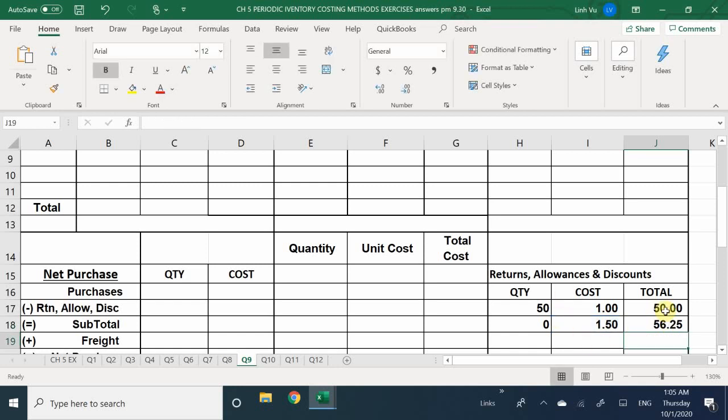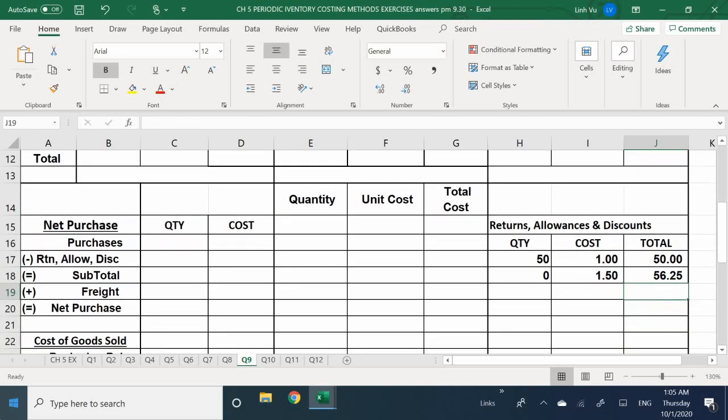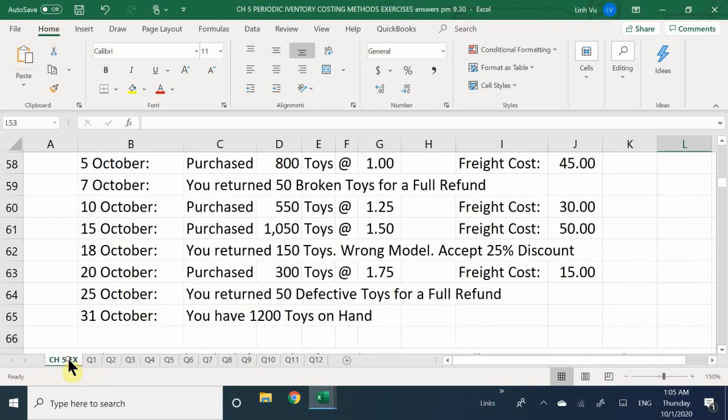And then finally on October 20th, we made a purchase of 300 toys at $1.75 with freight of $15.